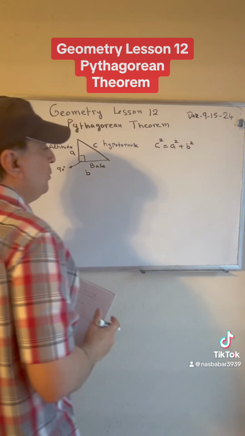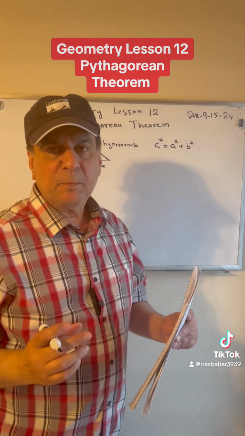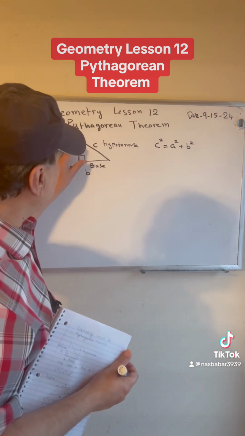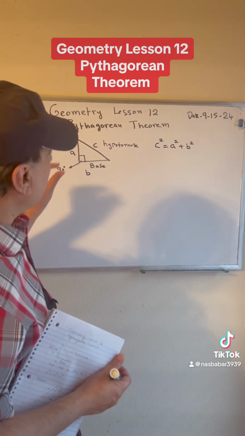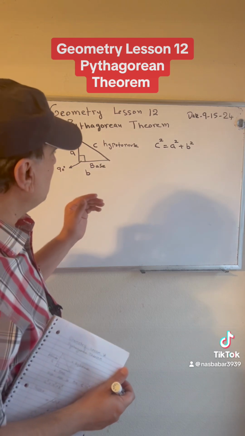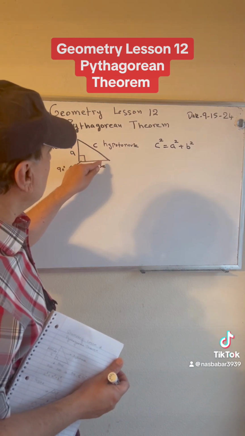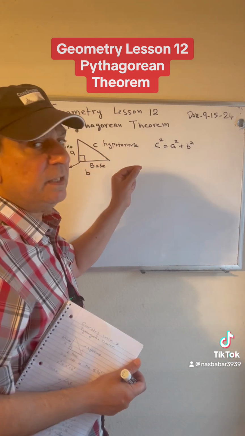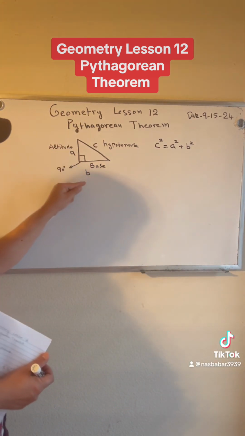You can take a ruler and a protractor and draw a 90 degree triangle. If you take the measurements, the square of C would be exactly equal to A square plus B square.